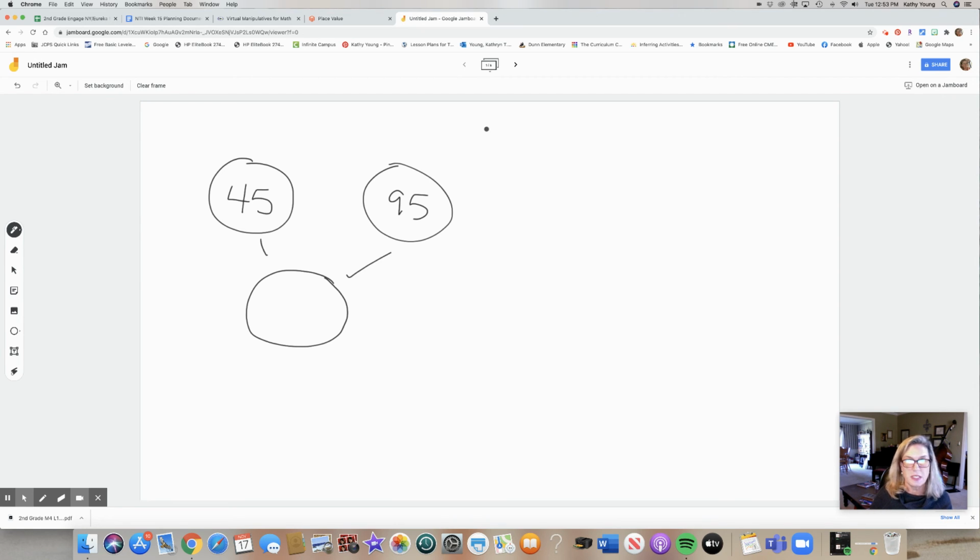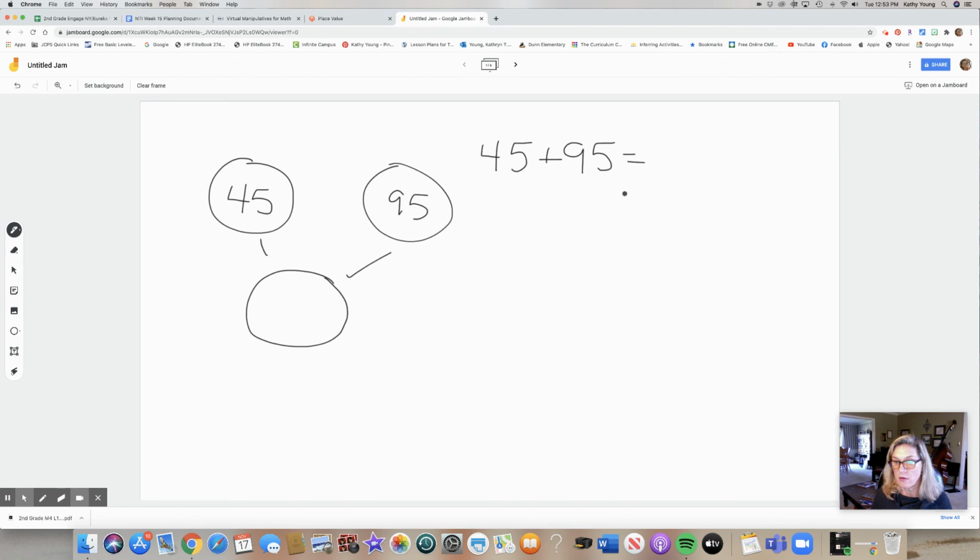The addition sentence, it doesn't mean a sentence with capitals and punctuation. It just means a math problem. So you're going to write 45 plus 95 equals, and then you're going to solve that.